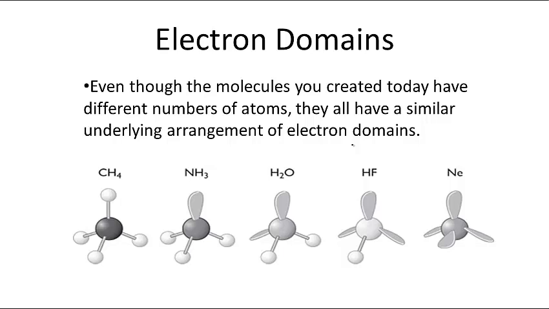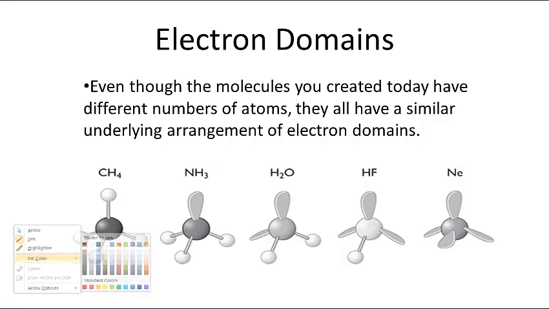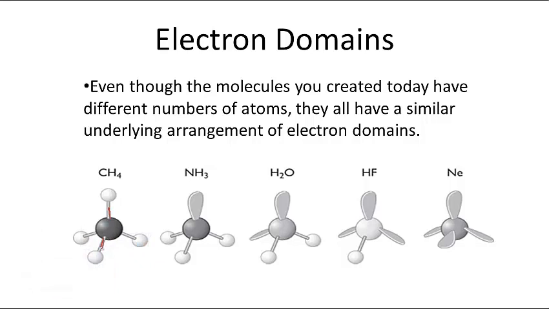So today, the molecules you created had a different number of atoms, but they all had 4 electron domains. So if we look at methane, 1, 2, 3, 4 domains.